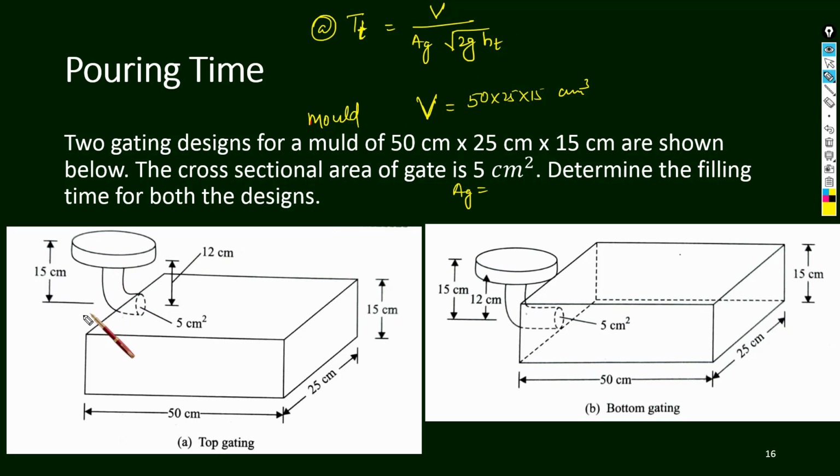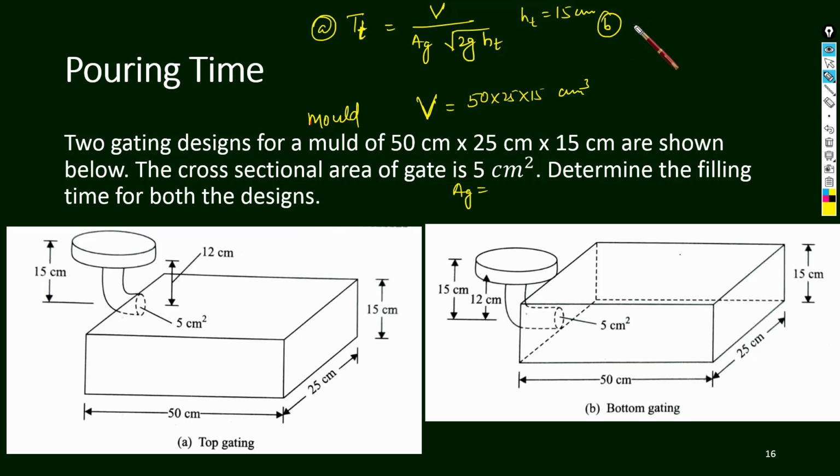What is Ht here? It is given: this is 12 for Hs, the sprue height, but 15 is Ht. So Ht is equal to 15 centimeter. Ag is given as 5 centimeter square. V you have to put this much and calculate this. So do it by yourself.